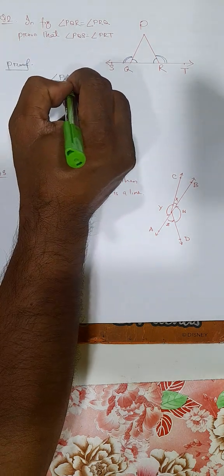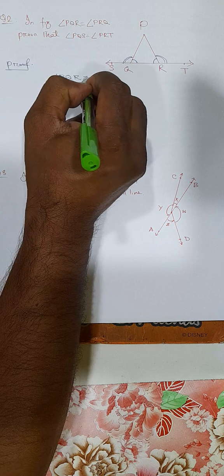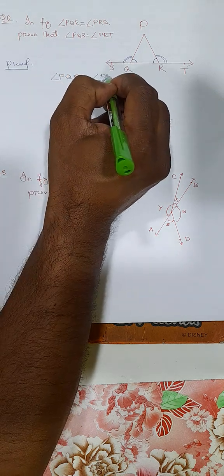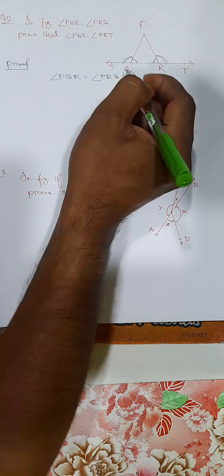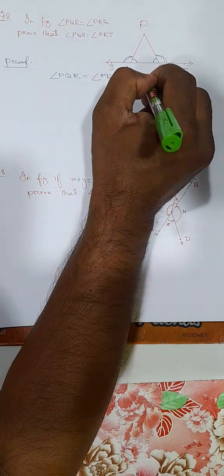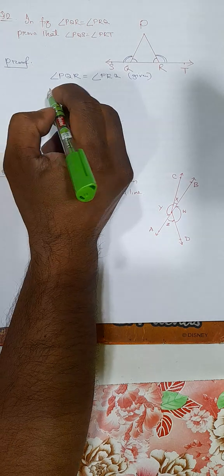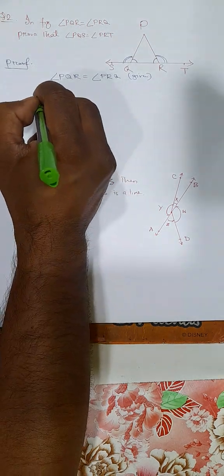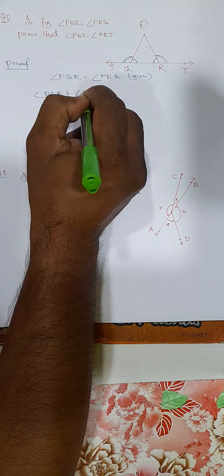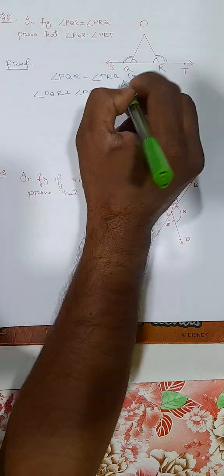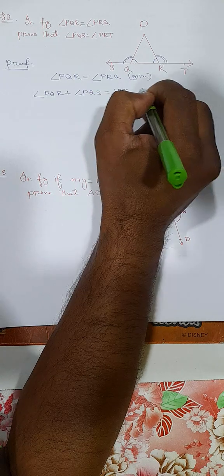Angle PQR equals angle PRQ, given. Now you see angle PQR plus angle PQS is 180 degrees, a linear pair.